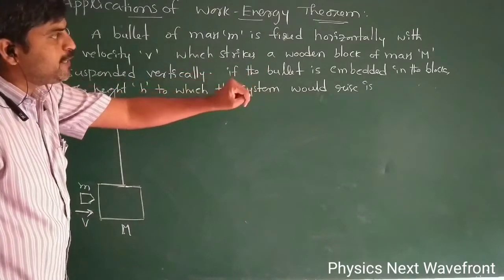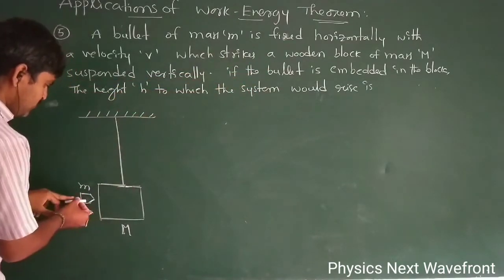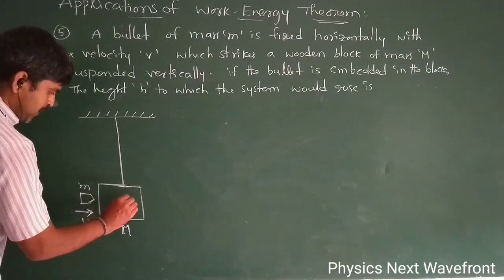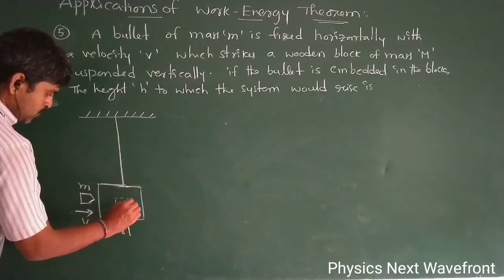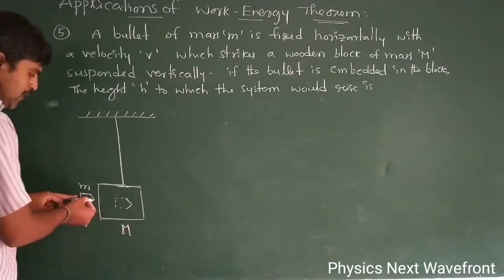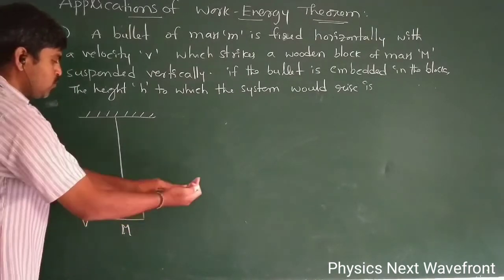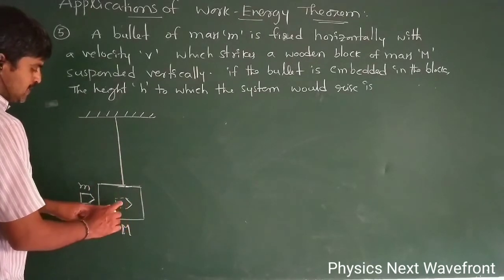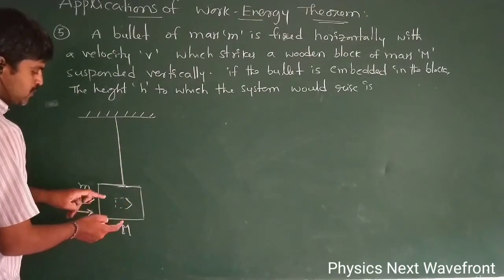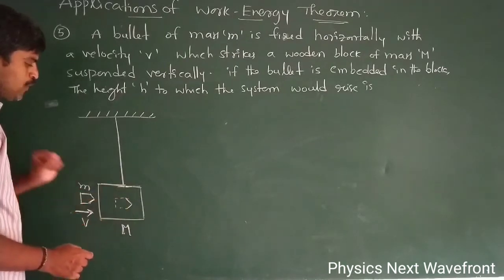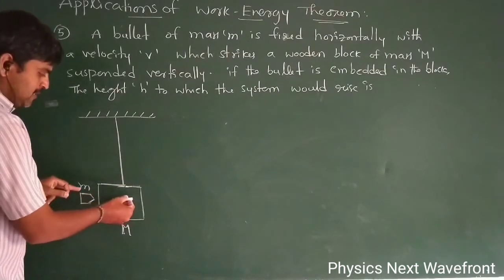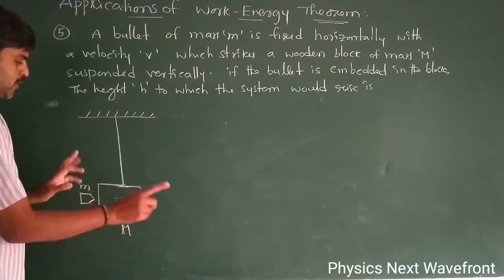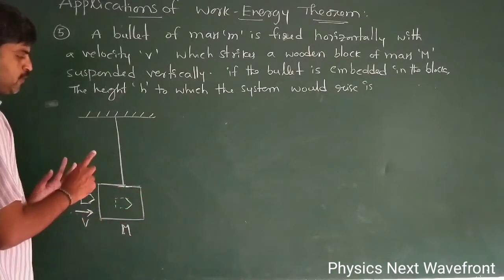If the bullet is embedded, meaning it penetrates the block, then due to the velocity of the bullet the block also moves in this direction. First we have to find the common velocity of the block and bullet after embedding.